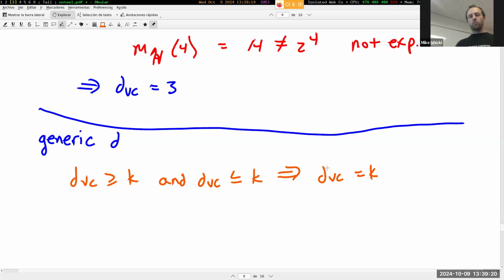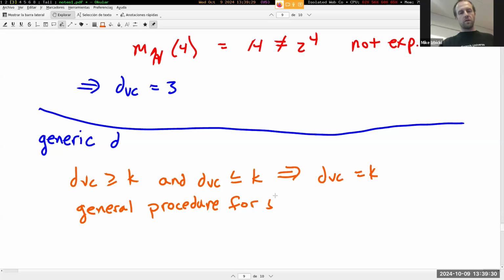This is the general procedure for showing the VC dimension of a hypothesis class.